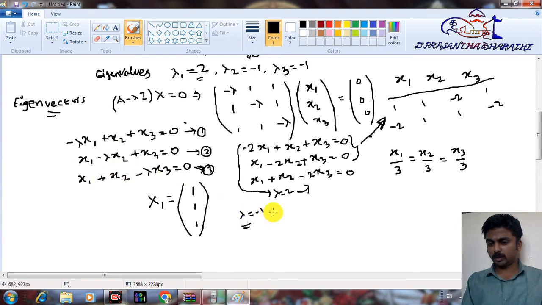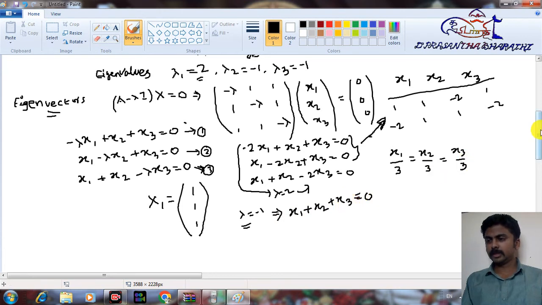So for lambda equal to minus 1 we get 3 equations, that is x1 plus x2 plus x3 three times, which is equal to a single equation, 1x1 plus 1x2 plus 1x3 equal to 0.